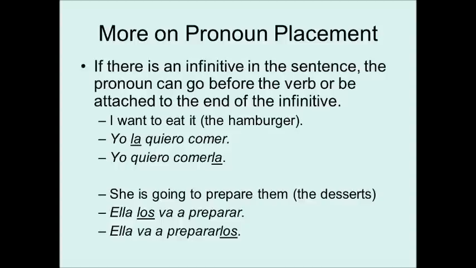In the first sentence, that follows closely to what we talked about in the last lesson. Va is the first word of the verb, preparar is the last one. Notice you cannot separate them. Los va a preparar or va a prepararlos as one word. Prepararlos is one word, and so is comerla in the first example.